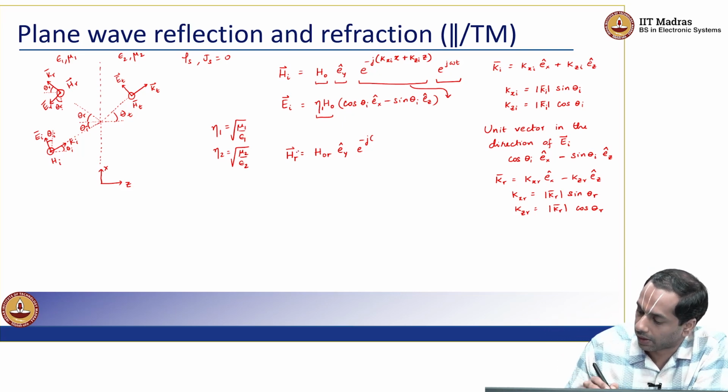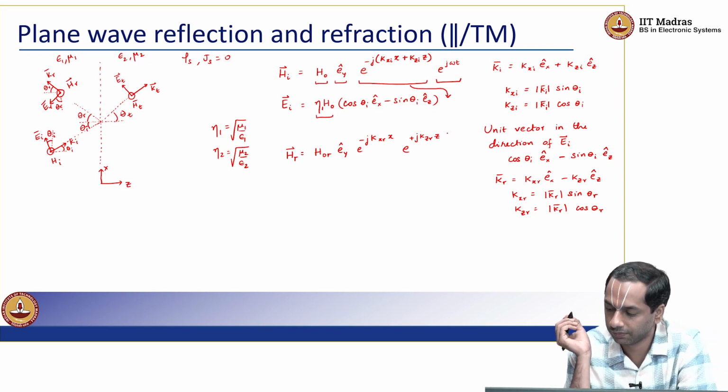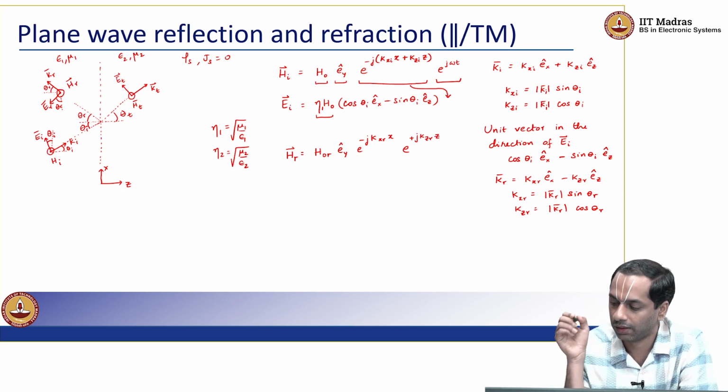Okay. So, let us write this as e to the minus j k_xR times x and e to the plus j k_zR z. Okay. So, the minus k_zR and the minus j multiply to give me plus j k_zR z.